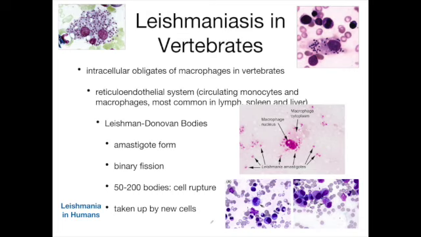When a macrophage is infected, right here we have a macrophage, when it's infected with the actual Leishmania parasite, it creates what are called Leishman-Donovan bodies. So here we have some amastigotes, right? These guys are all outside. Here is the nucleus of our macrophage in the cytoplasm, and you can see all these little dots here.